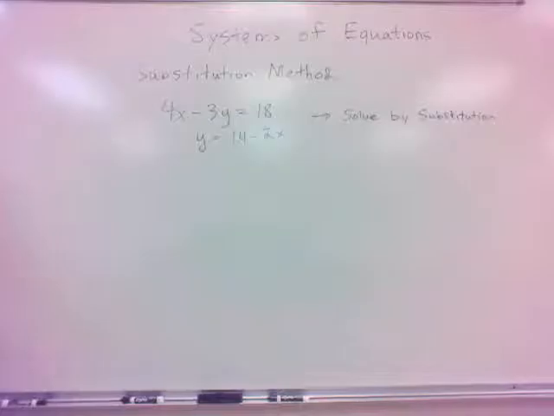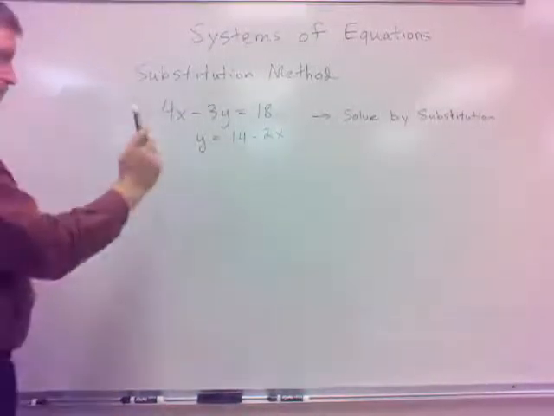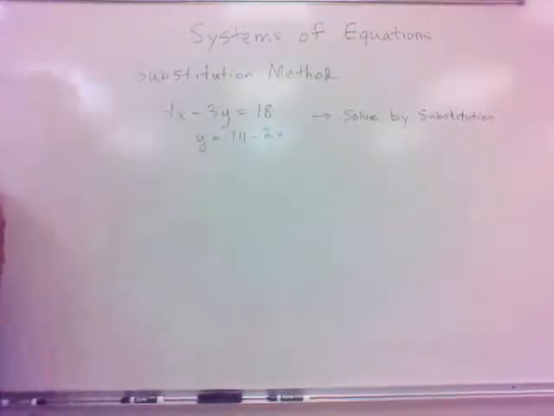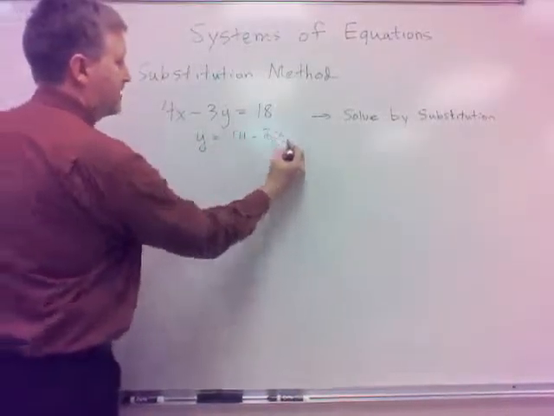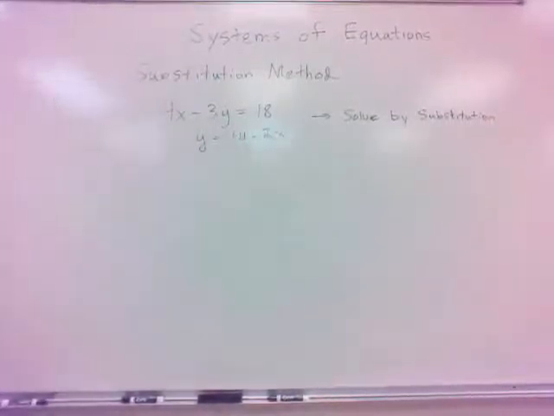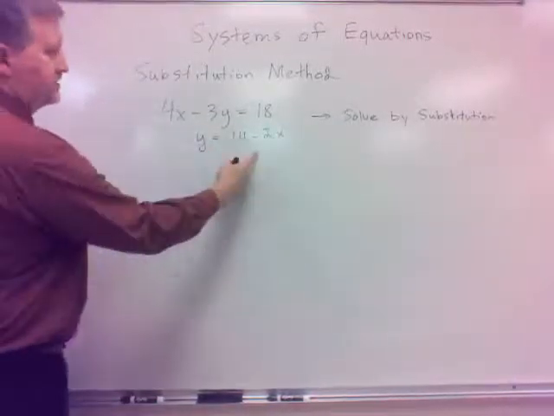Now, this one is set up very nicely for substitution, because in substitution what I do is I take one of the variables and replace it by an expression. And the second equation just so happens to be very nice here, because this is saying y equals 14 minus 2x. So in other words, 14 minus 2x is the same as y. In other words, y can be replaced by the 14 minus 2x expression.